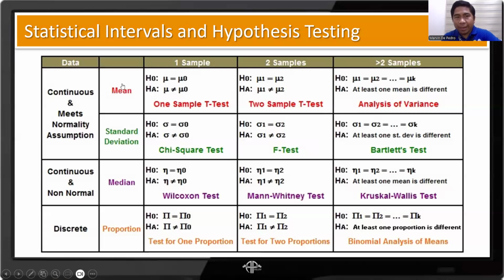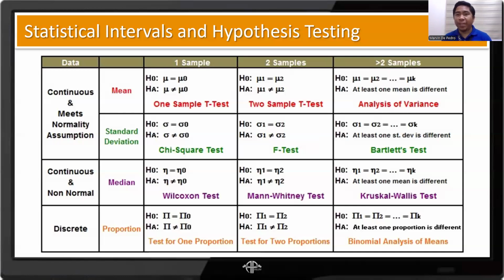Basically, if we have one sample, we are just comparing our mean to a known or accepted mean, like our target value. If we have two samples, we are comparing group A and group B, team A and team B, and their means.